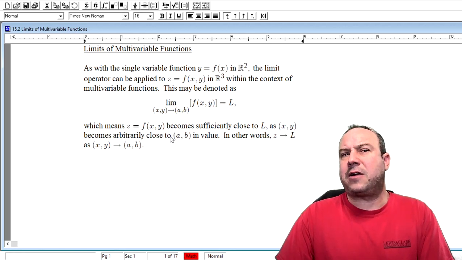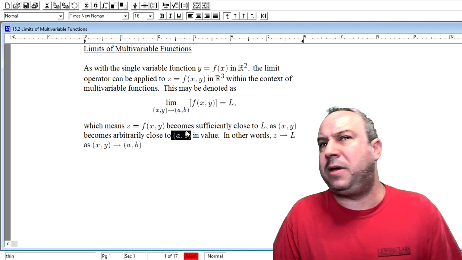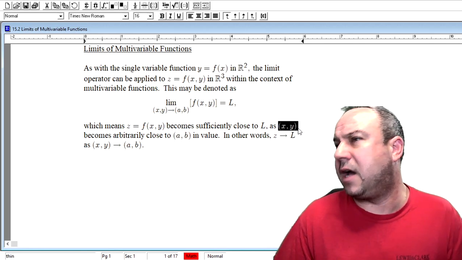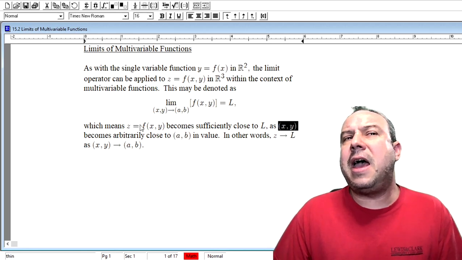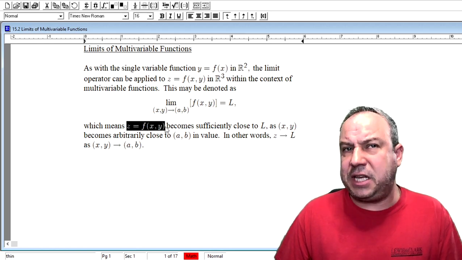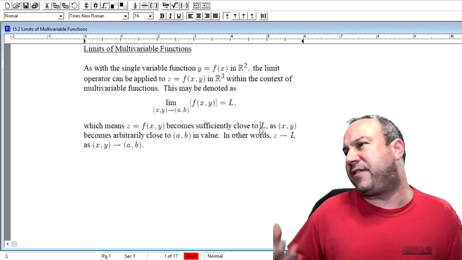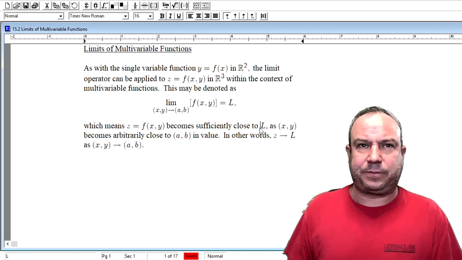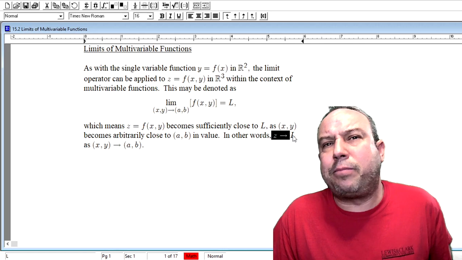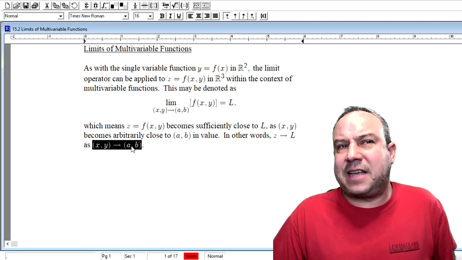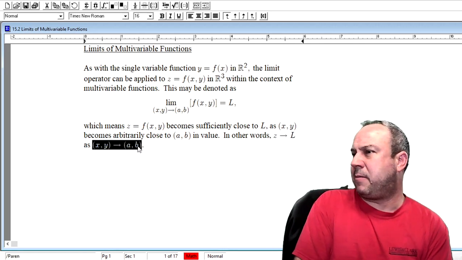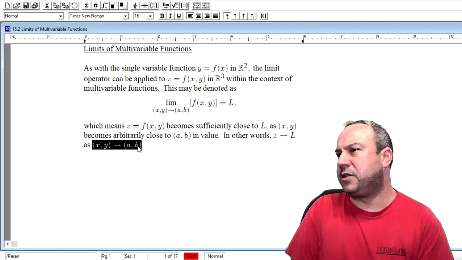No matter how close we want to be to a, b in value for the values of x, y, the output of our function z will be close enough to L for us to say, yes, it is L in value. Z approaches L as x, y approaches a, b in our 2-dimensional space.